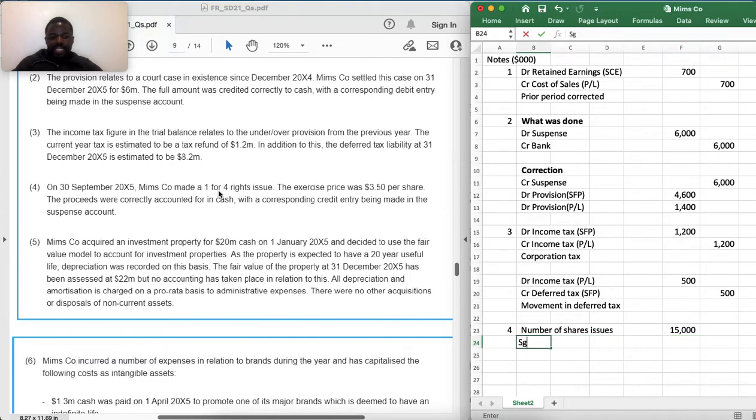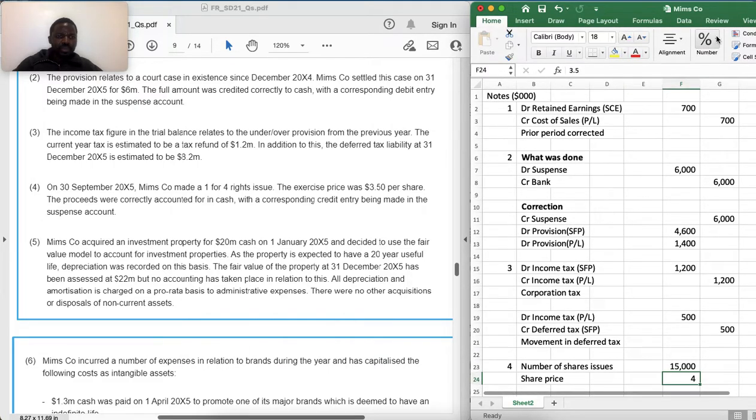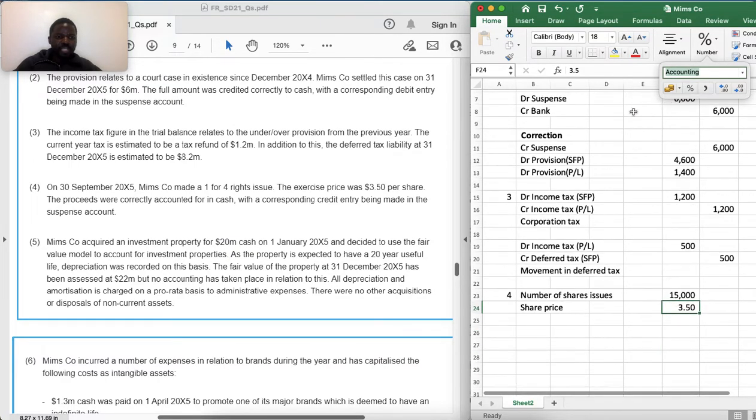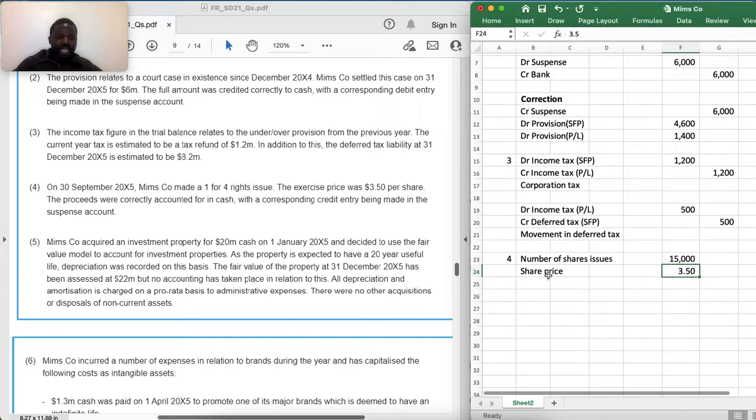The share price was $3.50. Then total proceeds should be 15 multiplied by the share price.